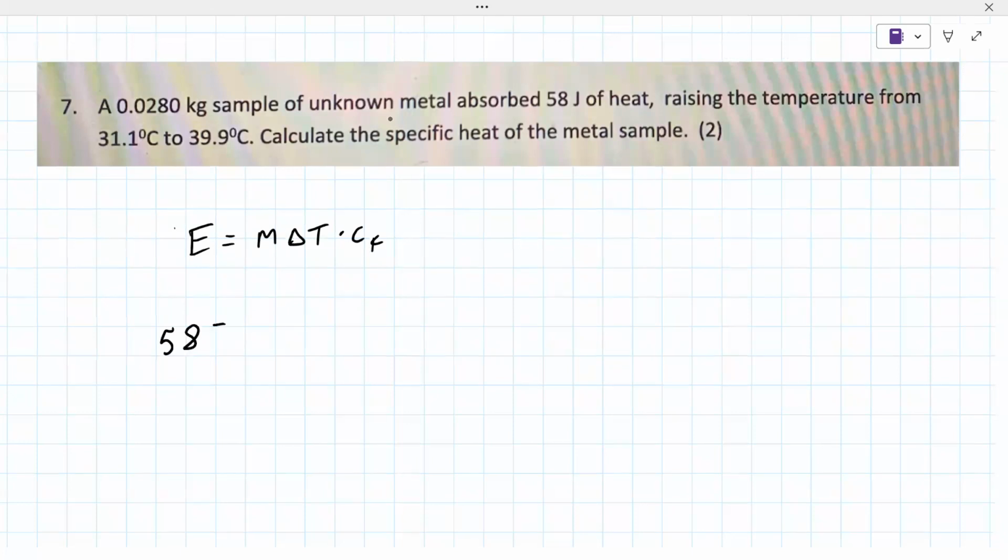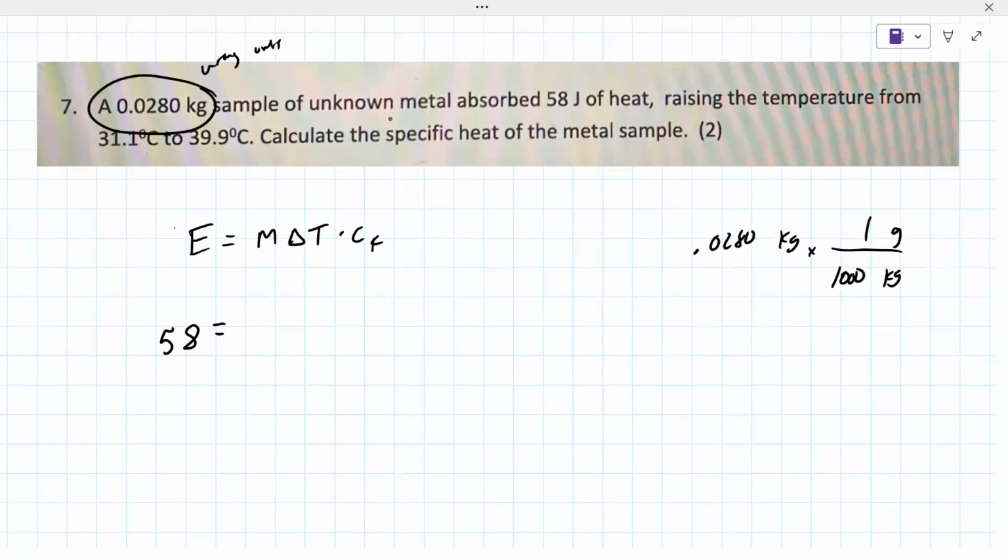This time it's 58 equals, and the mass is in kilograms, which is the wrong units. That's what I mentioned before, sometimes you have to adjust. So 0.0280 kilograms, converted to grams.